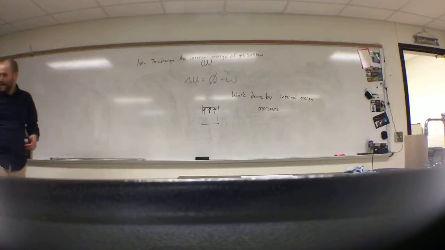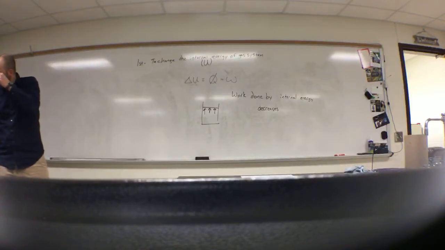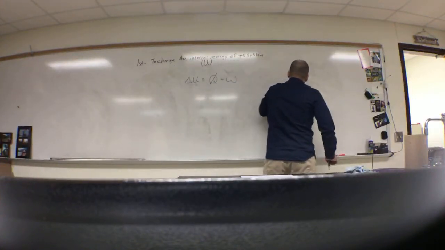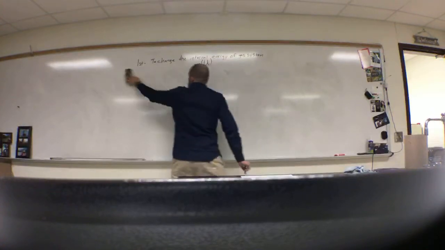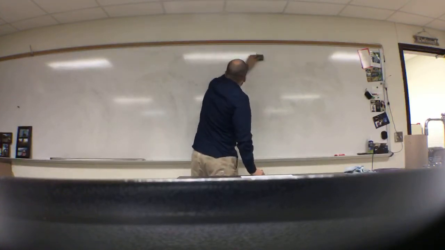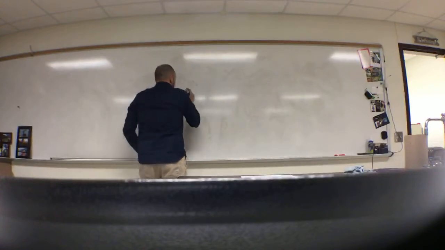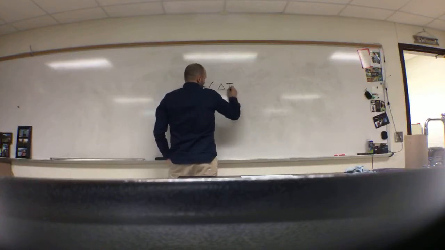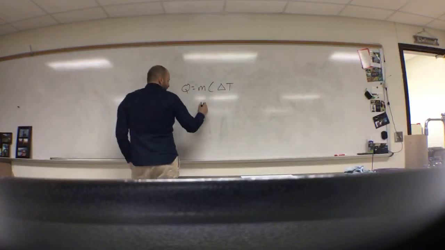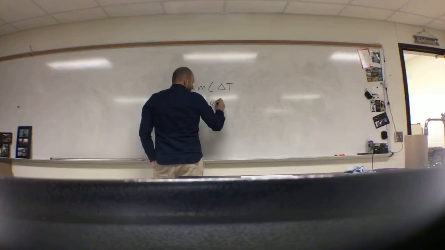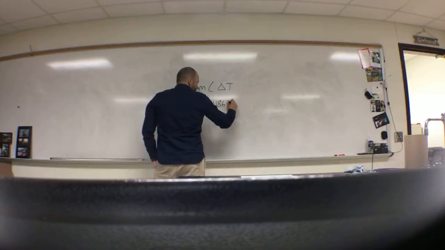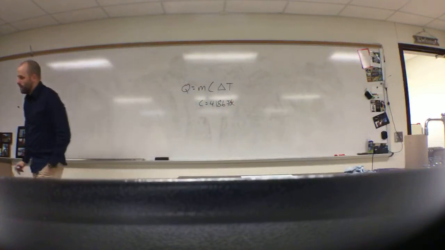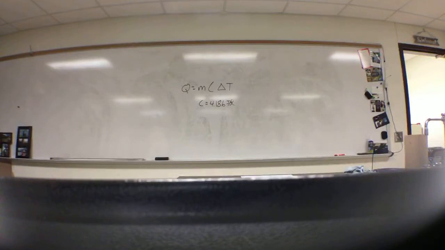What that means is that on 32, you're basically going to say Q is equal to mcΔT. If I want to change the temperature, the heat transfer of an object, if heat's going to leave an object, it's going to do it like this, if it's just heating up or cooling off, not changing phase. And if it's water, then c, in this case, because it's grams, will be 4.186 joules per gram Celsius. For number 32, they wanted to know what the temperature change was.